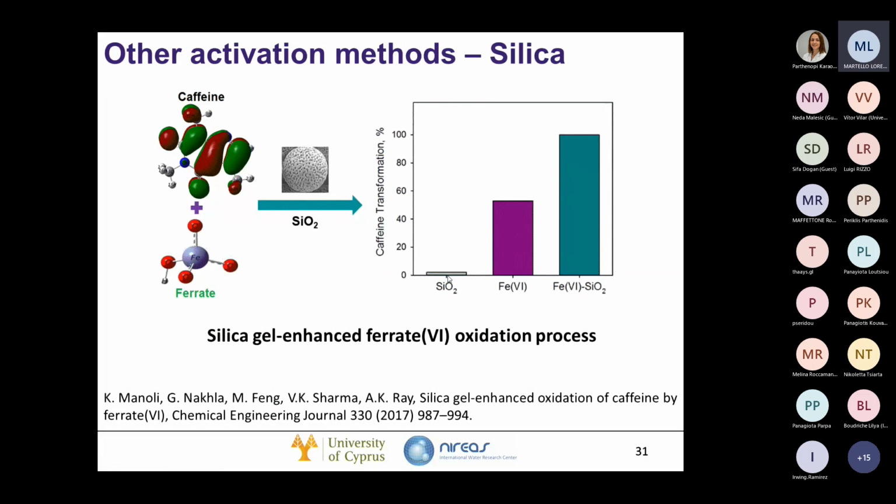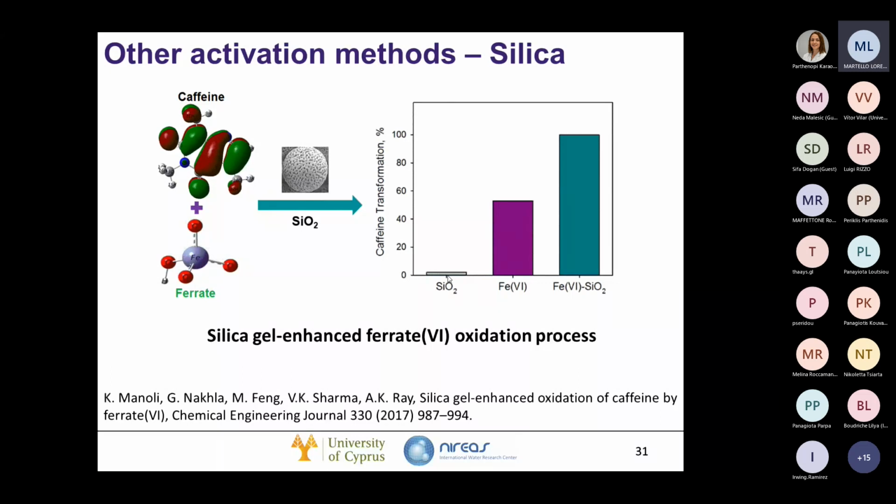Of course, as I said, another important thing was to expand this into different activation methods. What we showed with the acids was homogeneous reactions, and we also tried some heterogeneous reactions.